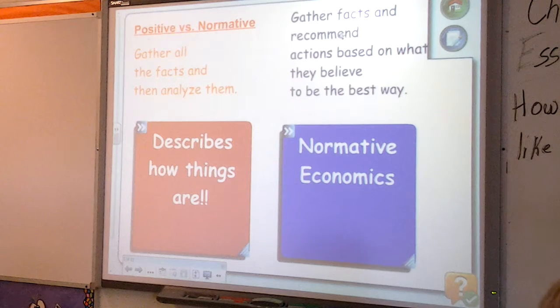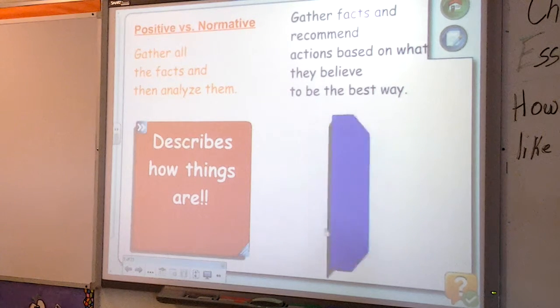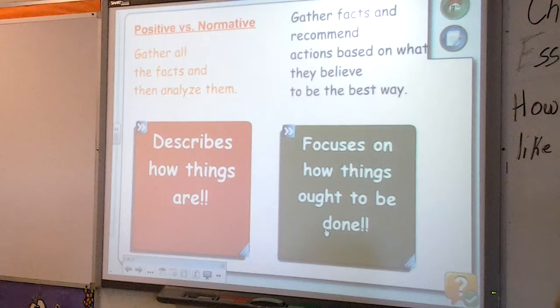So you're actually making some sort of recommendation about what you think is the best way to go. So when you see this on a test, you need to know the difference between them. Positive describes things as they are, with just facts. Normative describes how they ought to be. This is the way it ought to be done.